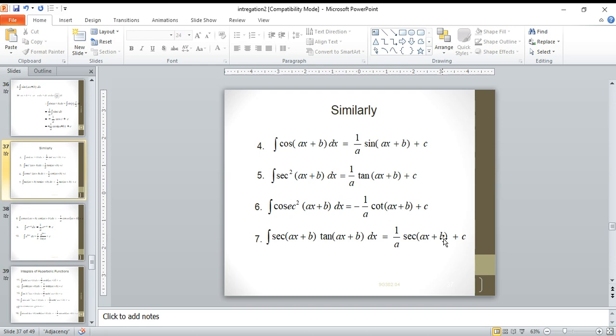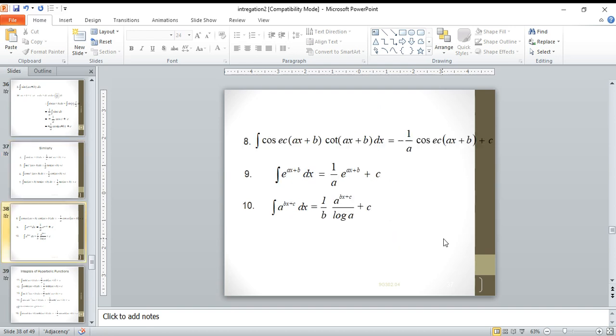So the seventh formula: integration of sec ax plus b into tan ax plus b dx. Integration of sec x into tan x is sec x, so in place of x we put ax plus b. But here the x coefficient is a, so we divide by a: 1 by a sec ax plus b plus c. Eighth one: cosec ax plus b into cot ax plus b dx.